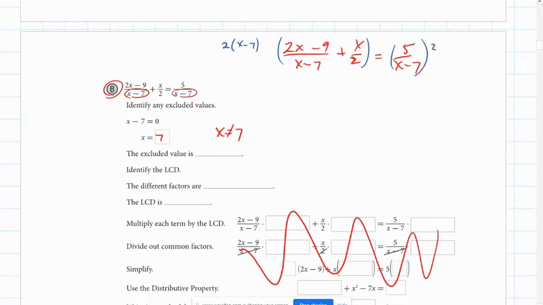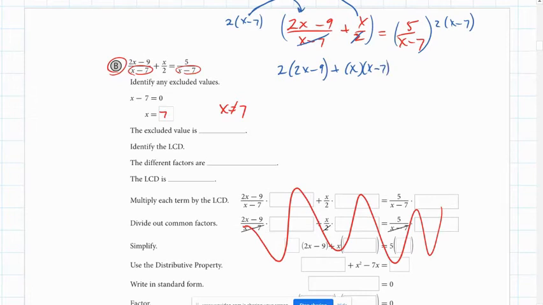Multiply this side by 2 and x minus 7. The x minus 7s cancel when I multiply here, and so I would have 2 times 2x minus 9. And then when I multiply here, the 2s cancel, and I would have x times x minus 7.